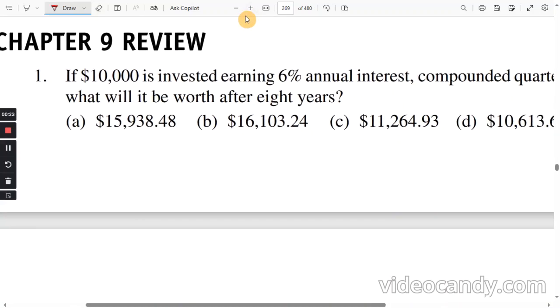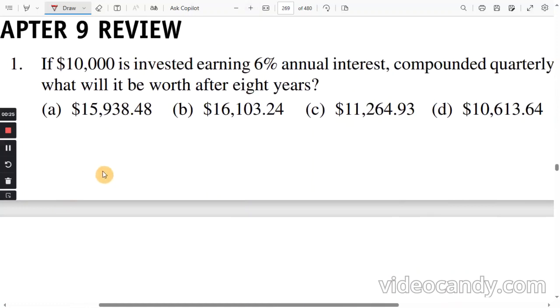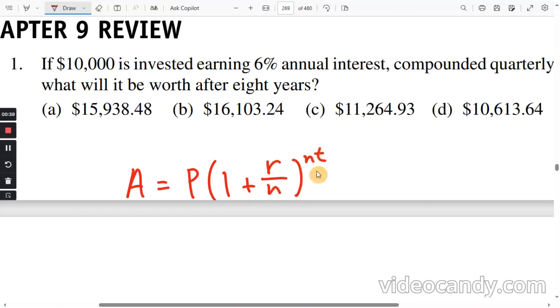So you need to use the formula A equals P times the quantity of 1 plus R over N to the power of N times T. All right, so what will it be worth is your accumulated amount.